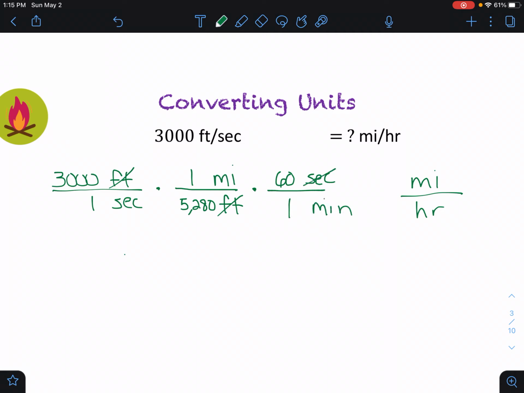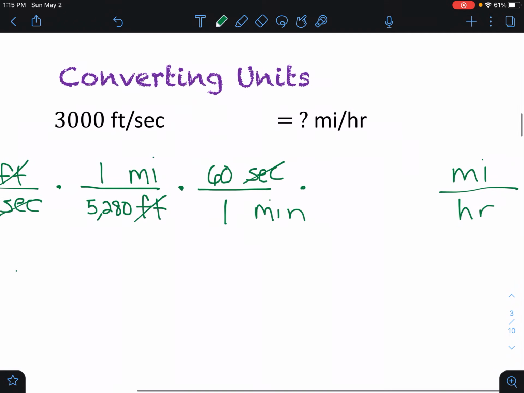So now my seconds are canceled and I'm in miles per minute. I want miles per hour, right? So I'm going to move this over just a little bit, and now I'm going to multiply again. Minutes are going to have to be on the top now and hours on the bottom. 60 minutes is equivalent to 1 hour.